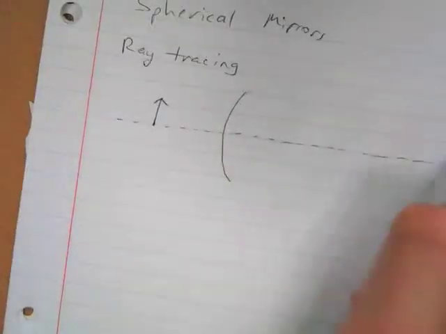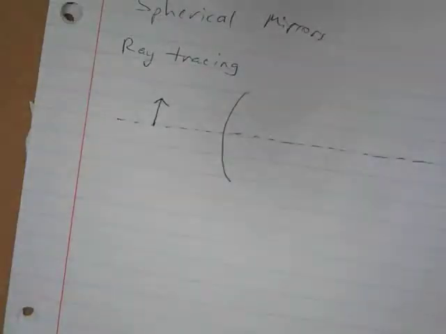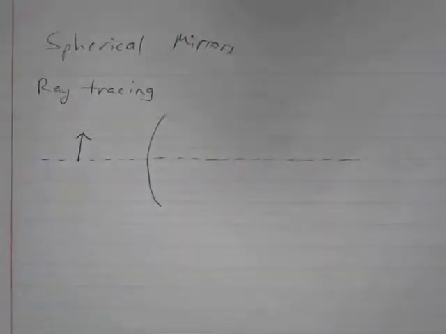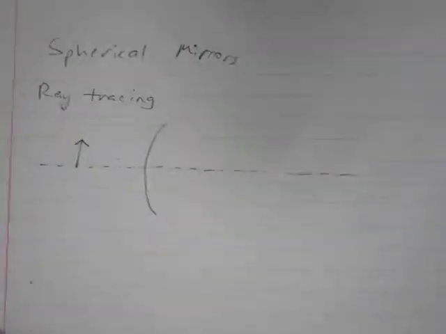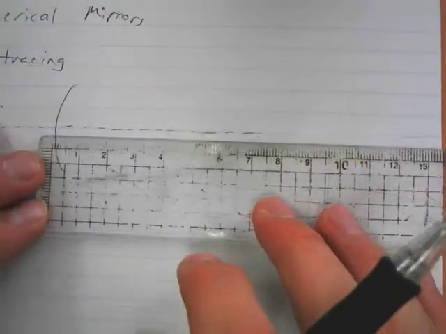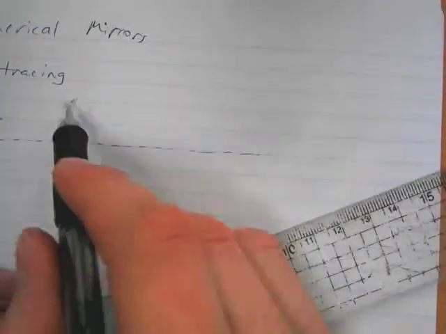And I am actually going to use a ruler, and you should also use a ruler in order to, number one, get straight lines, and number two, to know where the focal point and the center of curvature are located. So I'm going to estimate about where my center of curvature would be.